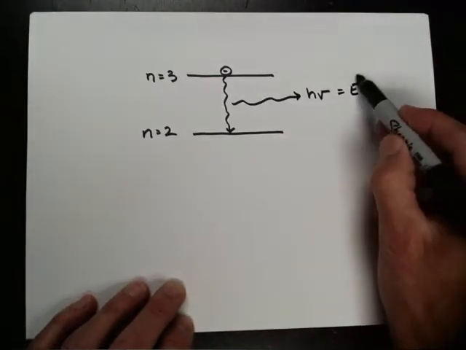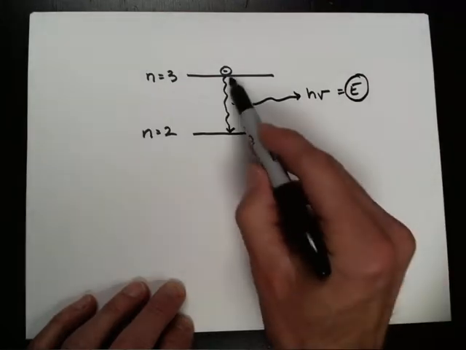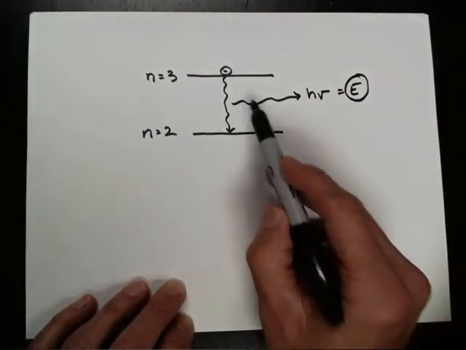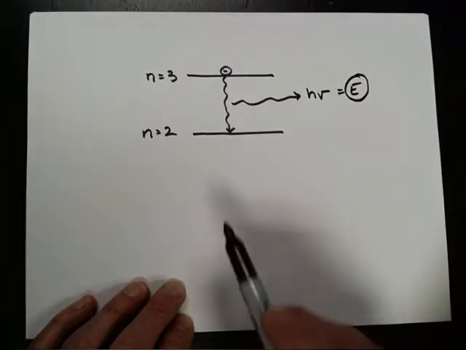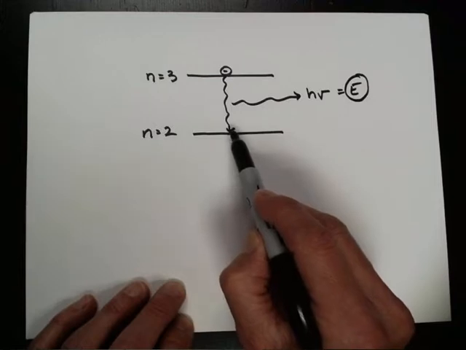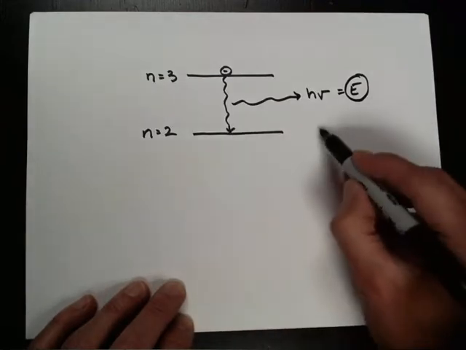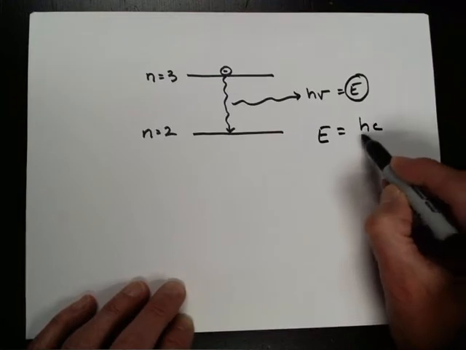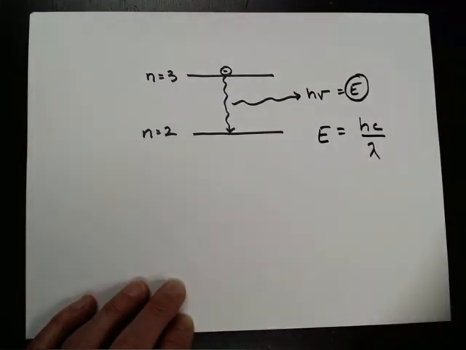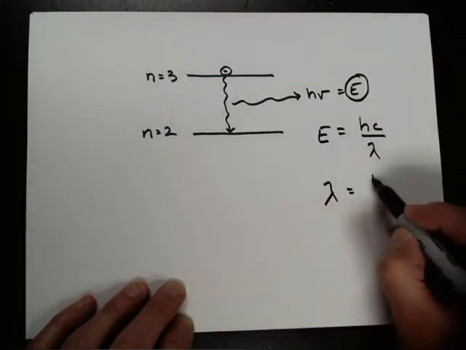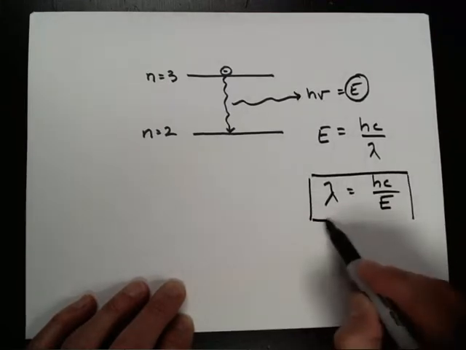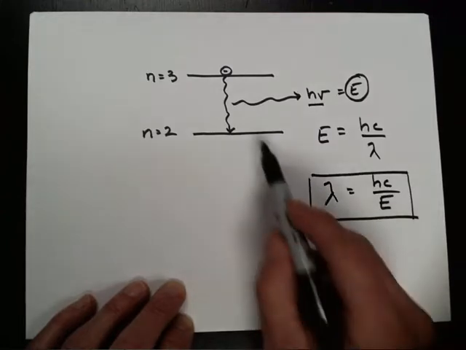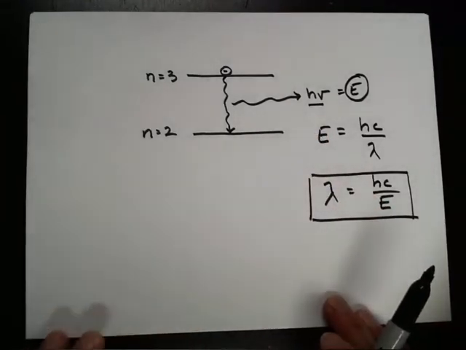So let's calculate the energy of the photon that would be released when an electron in the hydrogen atom goes from the n equal 3 excited state to the n equal 2 excited state. And then after we calculate that energy, we're going to use this equation, E equals hc over lambda, which can also be written as lambda is hc over E, to calculate the wavelength of the photon that would be emitted during this particular transition.